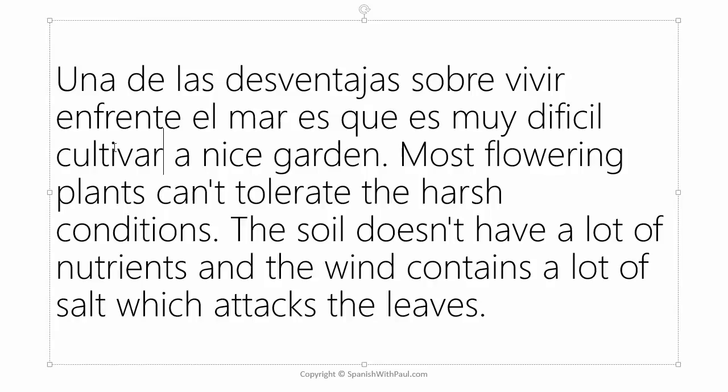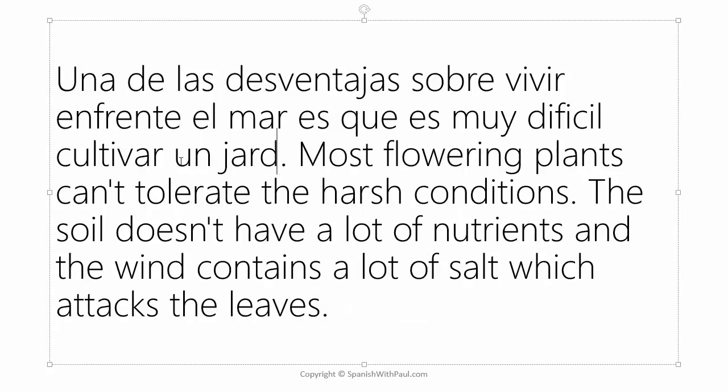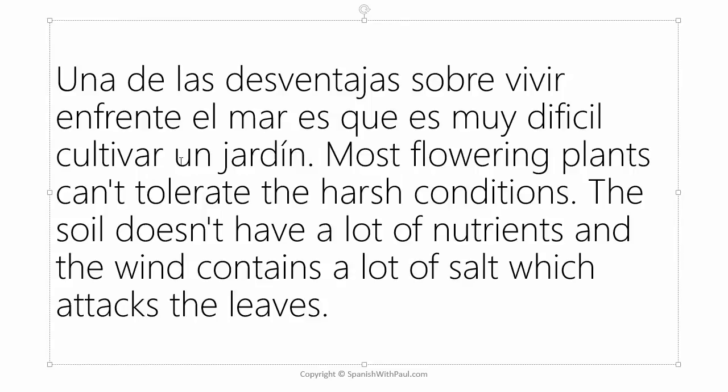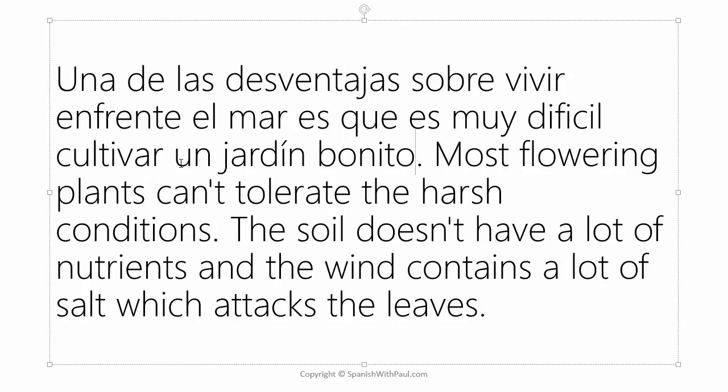Es muy difícil cultivar, to cultivate a nice garden. A garden in Spanish is un jardín, with an accent over the I here, and then you can choose what word you would like for nice. We can just go with, say, bonito. Cultivar un jardín bonito, ending in o because un jardín is a masculine word.